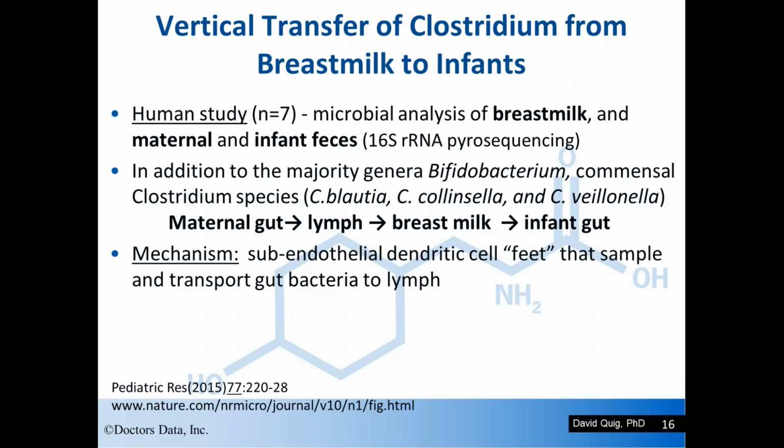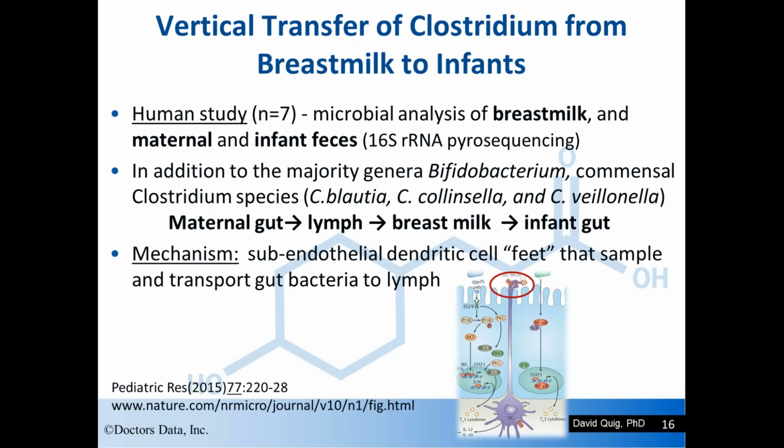And the mechanism, again, is my favorite cells, the dendritic cells with their dendritic feet that actually reach up and sample the Clostridia from the glycocalyx, bring it down, transfer it into the lymph, where it is then transported to the breast milk. A truly, truly phenomenal system that really emphasizes the importance of commensal Clostridium species.